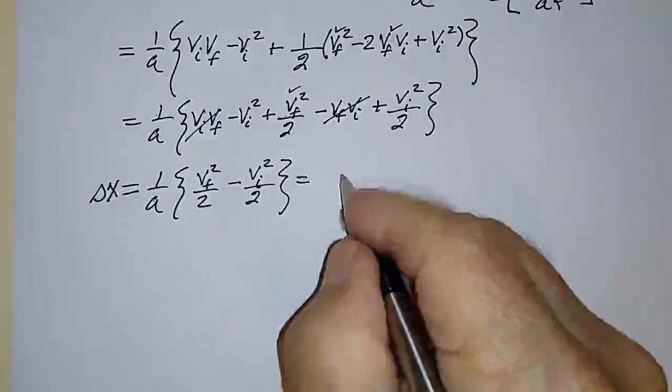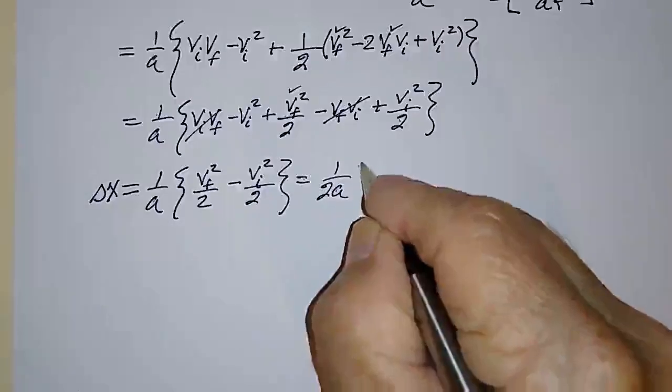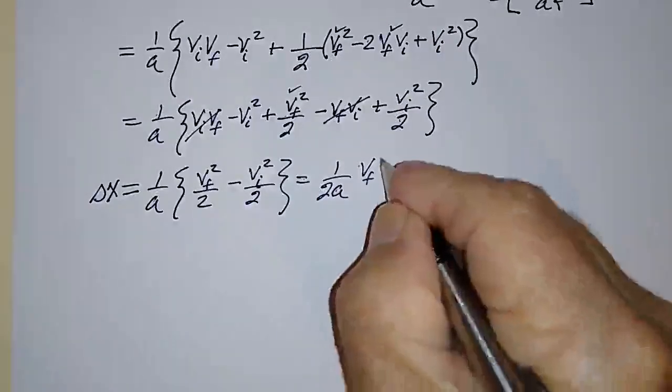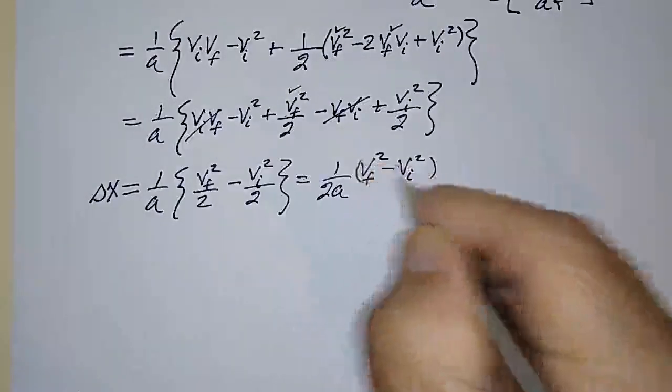So that's equal to 1 over 2a times v final squared minus v initial squared.